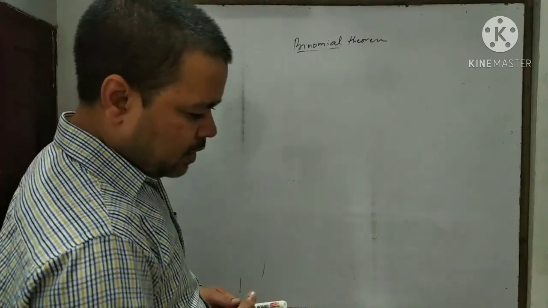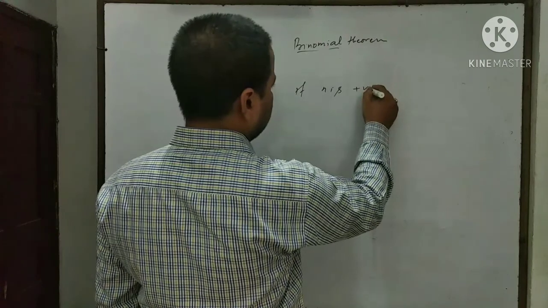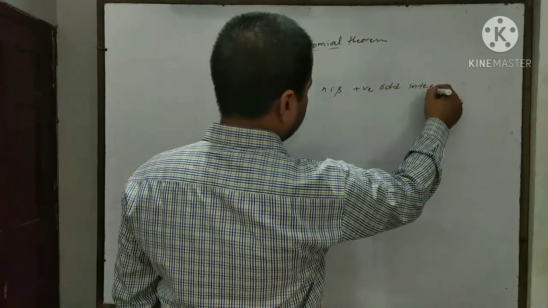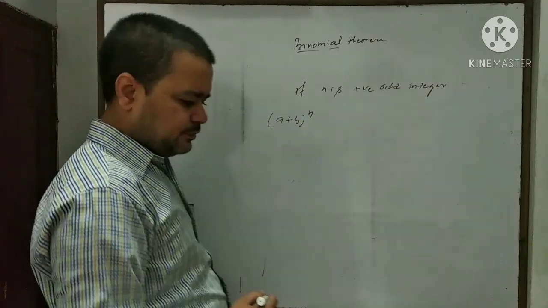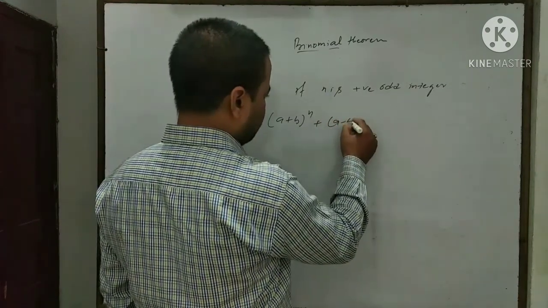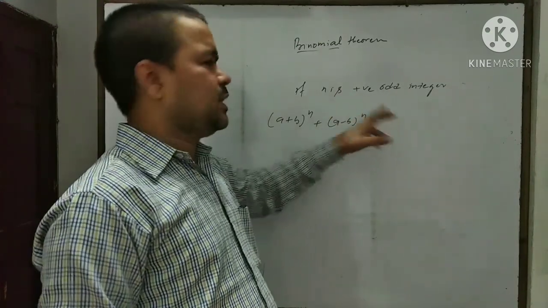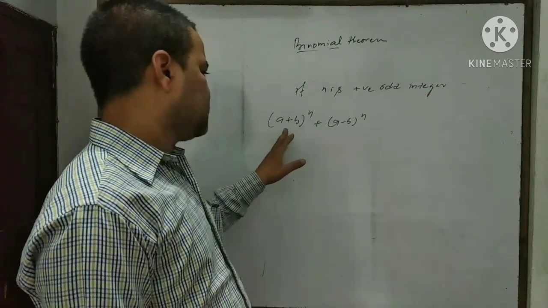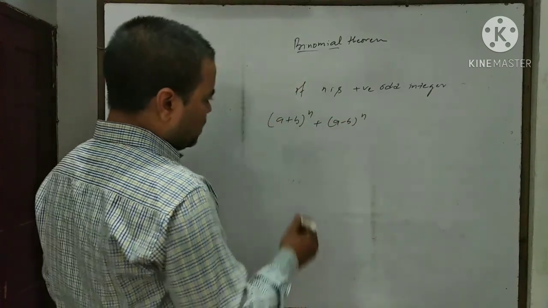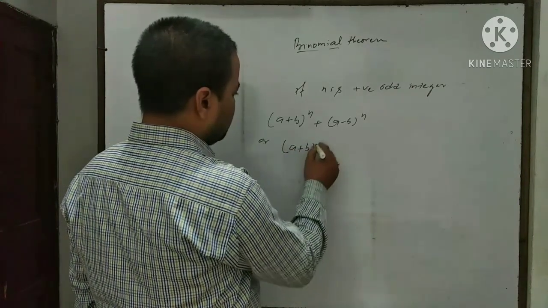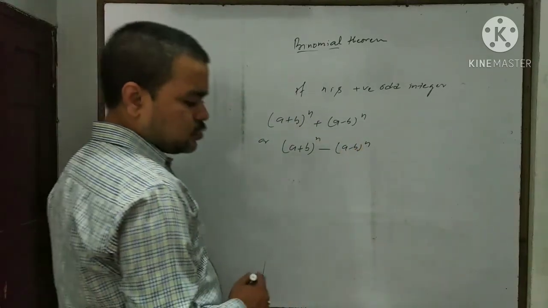If n is a positive odd integer, and we have an expansion like (a plus b) raised to the power n plus (a minus b) raised to the power n, or like this way, (a plus b) raised to the power n minus (a minus b) raised to the power n, remember it, n is a positive odd integer.